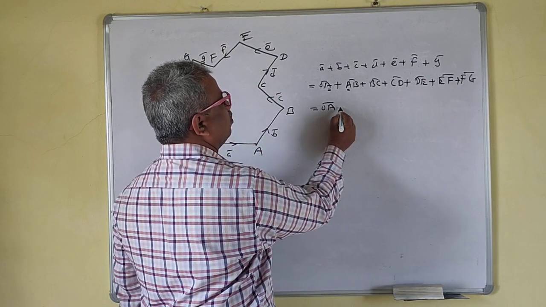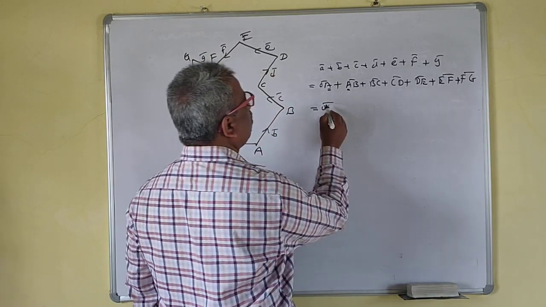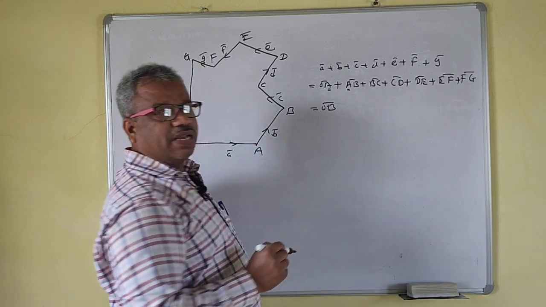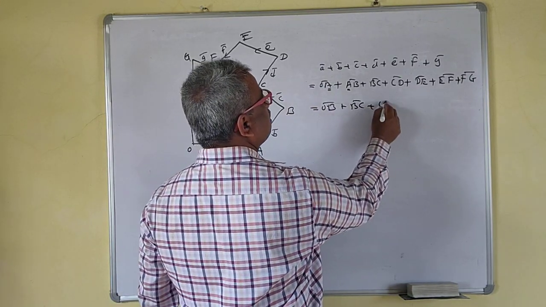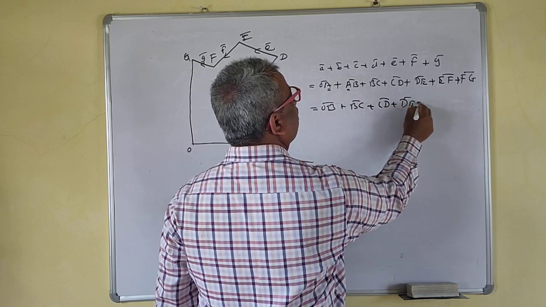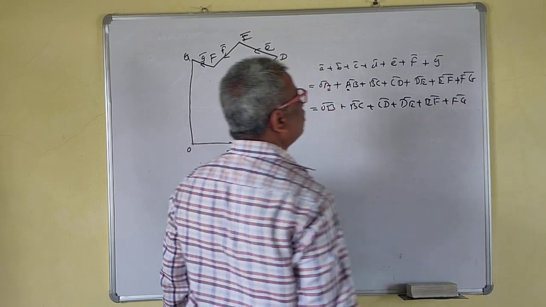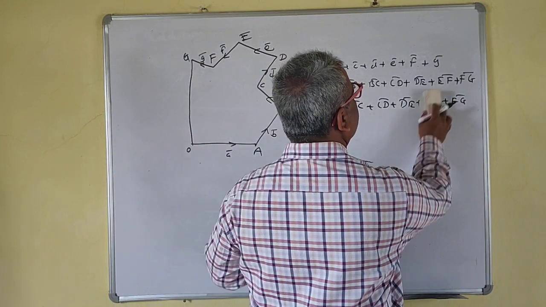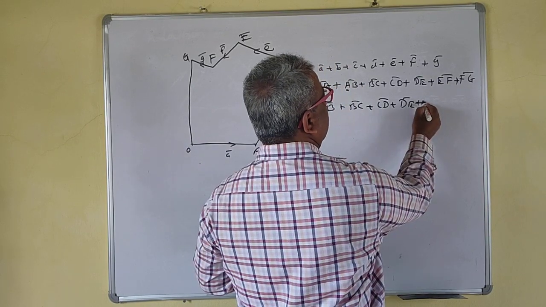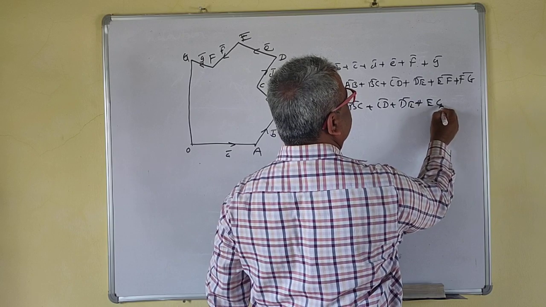We'll do one step now: OA bar plus AB bar is your OB bar. Then plus BC bar plus CD bar plus DE bar plus EF bar plus FG bar. To save steps, we can take EF bar plus FG bar as EG bar, the sum of these.